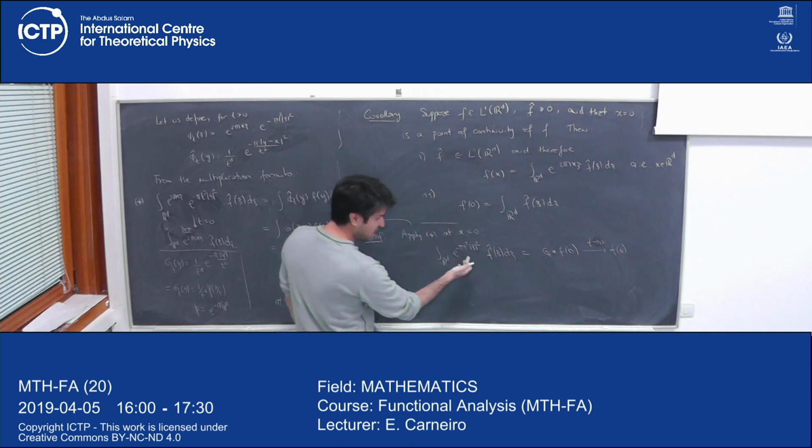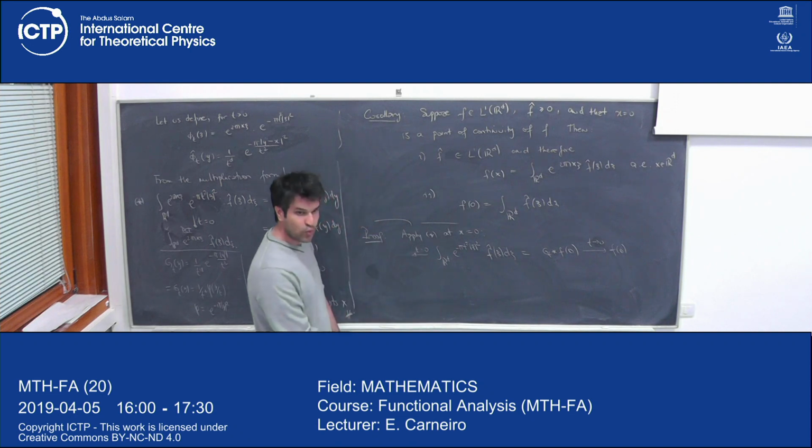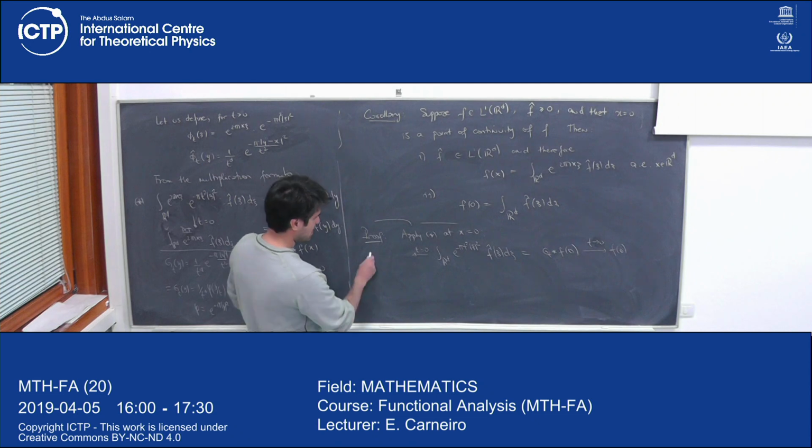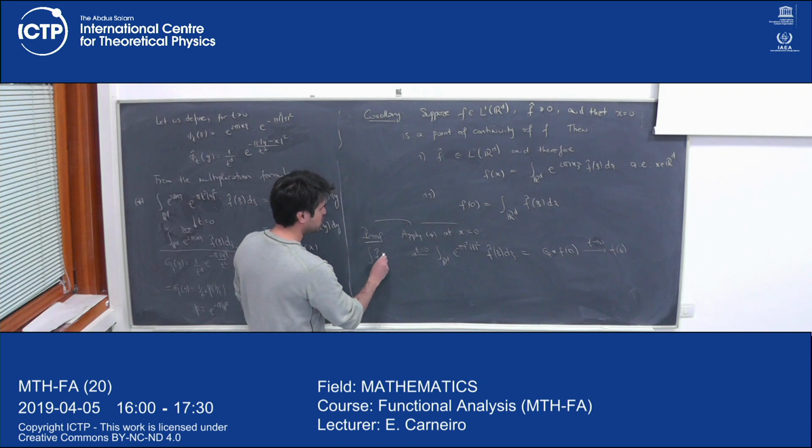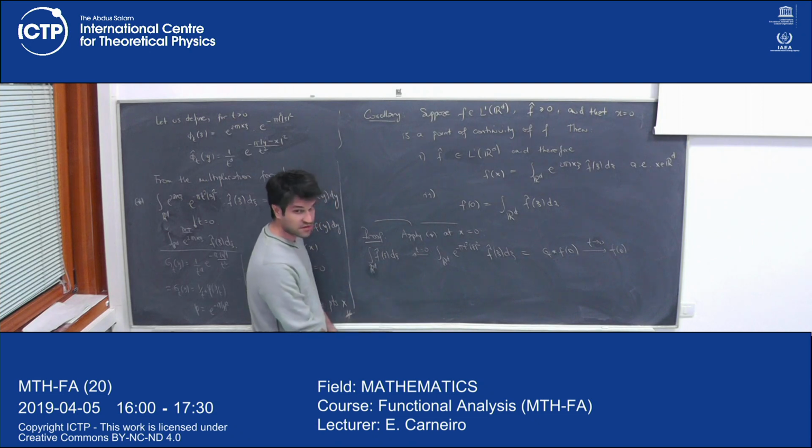And when I apply the limit as t goes to 0 to this guy, what do I have? I have this by which theorem? Not dominated convergence, because this is not dominated.